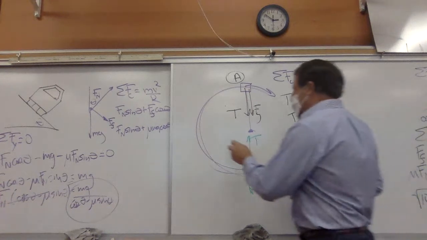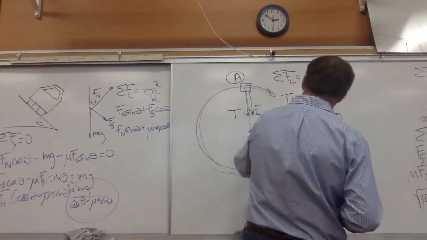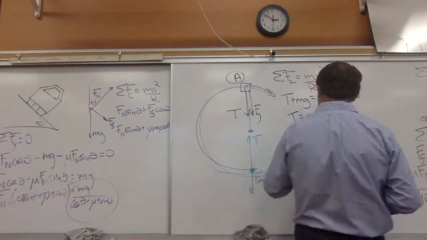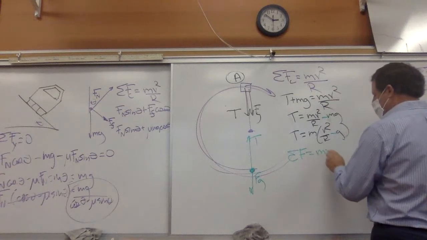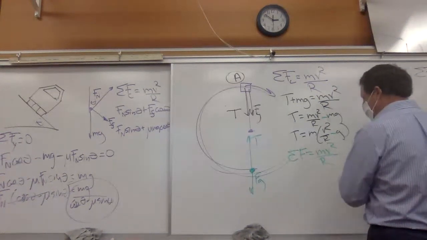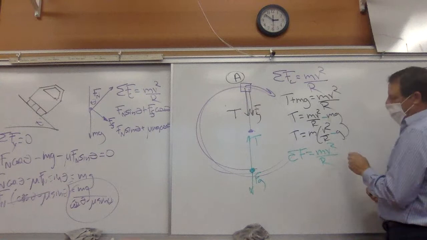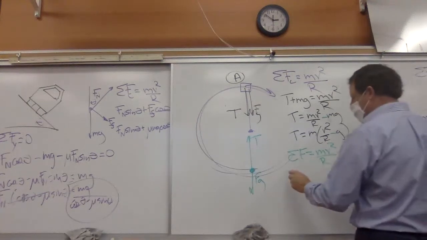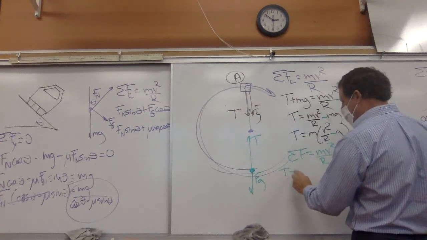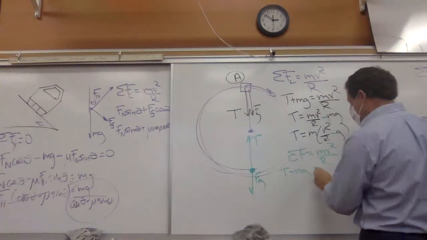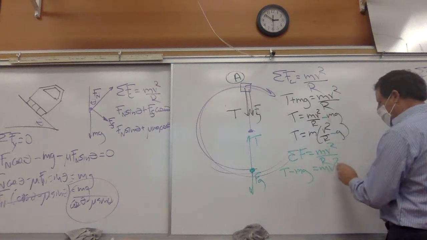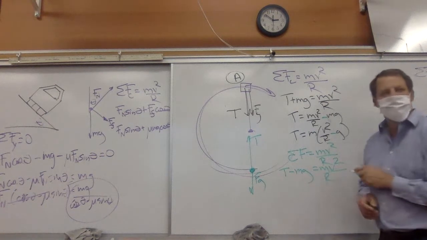So we're again going to have the sum of the forces equal to mv squared over r. And that's going to be tension minus mg is equal to mv squared over r.